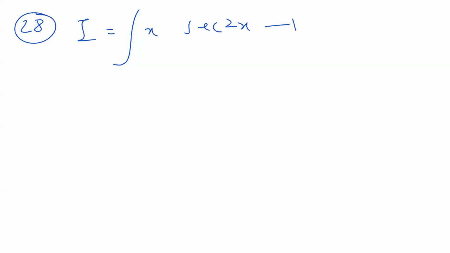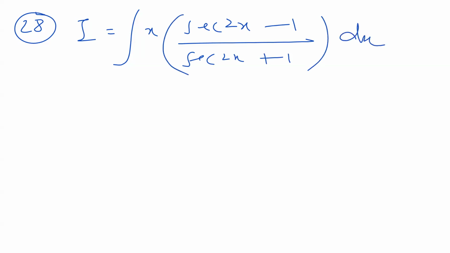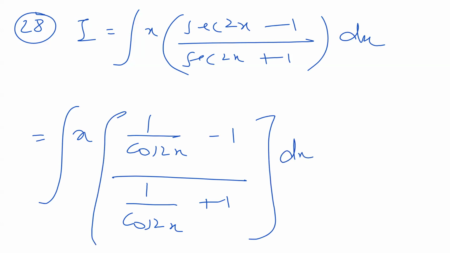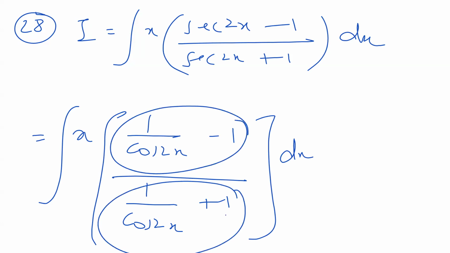Question number 28. Integration of x into sec 2x minus 1 upon sec 2x plus 1. That is x into 1 upon cos 2x minus 1 over 1 upon cos 2x plus 1. Take LCM so that cos 2x term in the denominator will get cancelled out.